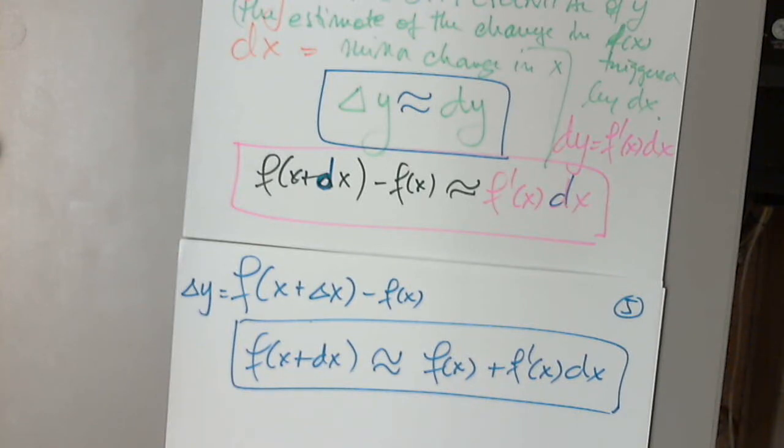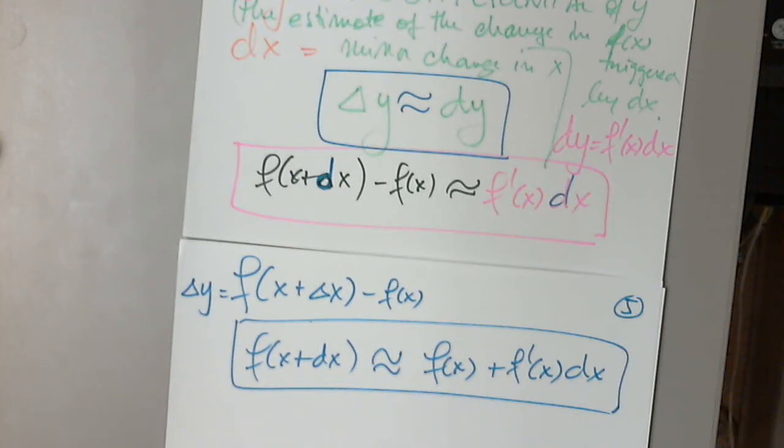F of x plus a little bit of error, a little change. So f of 100 plus 1, that's the change, 1 in this case, equals the function of 100 plus the derivative of 100 times dx, which is 1. Without going back to the cost function.